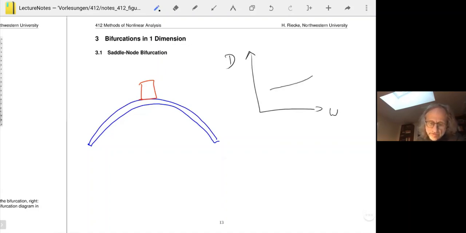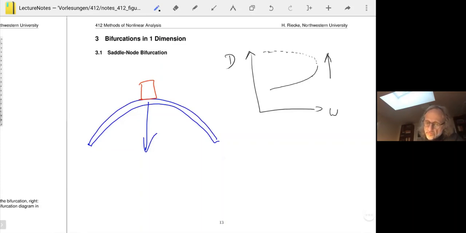And at some point, when the weight is too large, it will just snap through. And that snap through is a saddle node bifurcation, because what you have is, it looks like that, and then actually it merges with an unstable solution on the other side. But for this weight, the deformation just becomes very large.